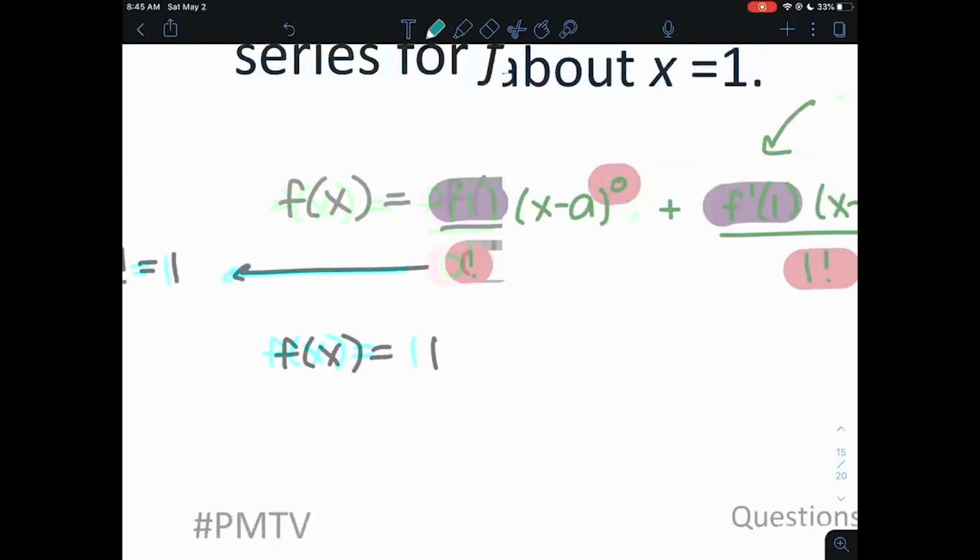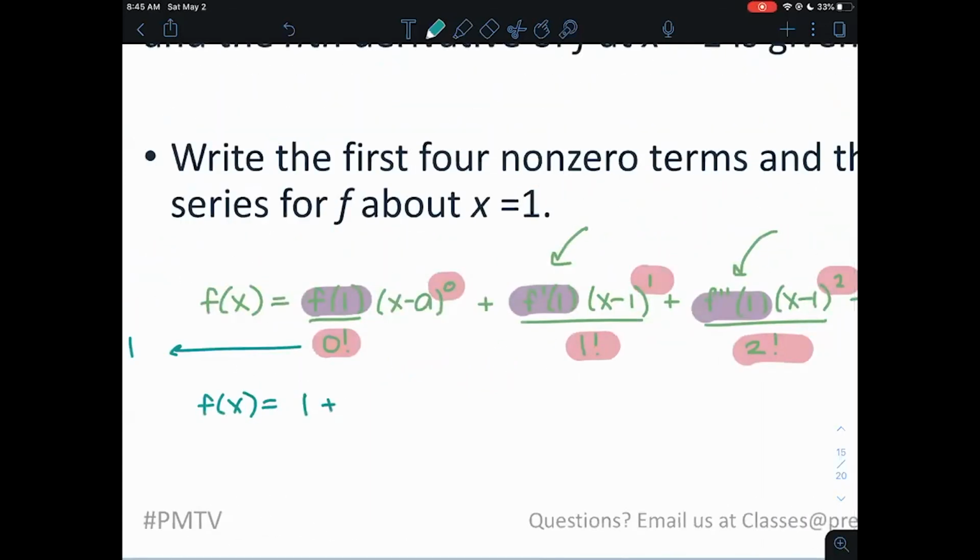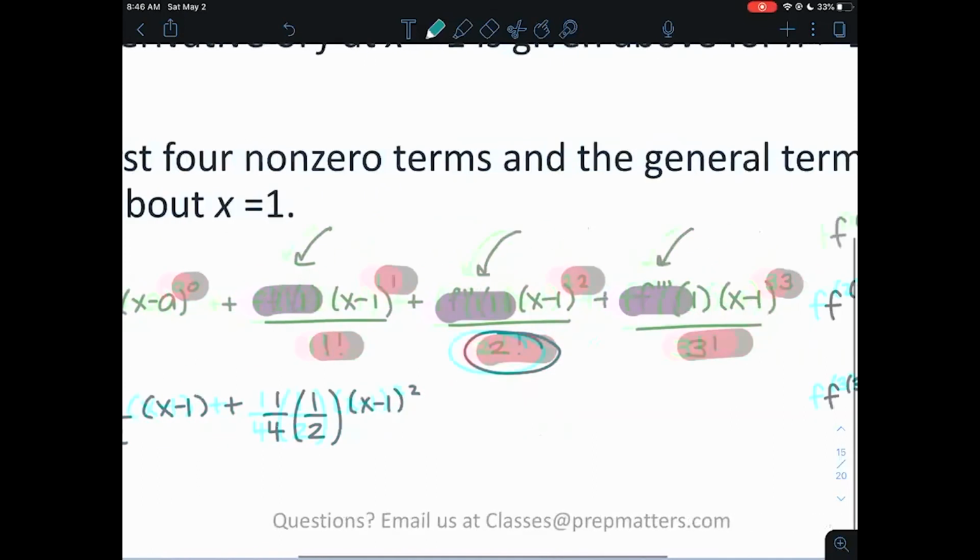Just be careful about that. And then I need my first derivative, which is -1/2, times x minus 1. That denominator of 1 factorial is doing nothing here. Second derivative is 1/4, and then I have a 1/2 because of my 2 factorial, and then x minus 1 squared.